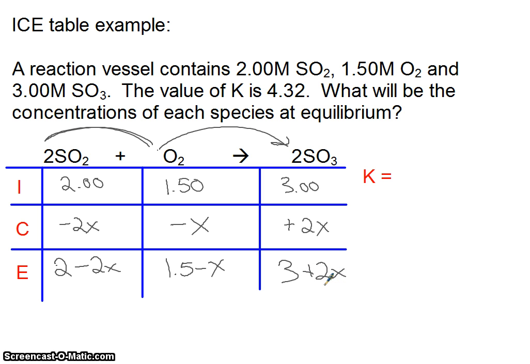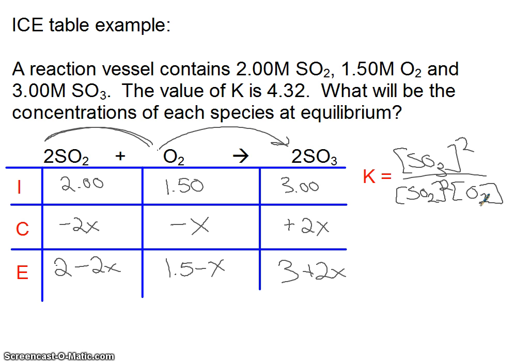So now, if I look at my equilibrium constant, what does it equal? It equals SO3's concentration squared over SO2 squared times oxygen to the first power. Now I plug in what I do know. I know K is 4.32. For SO3, I don't know what it is, but I know it'll be (3 plus 2X) squared.